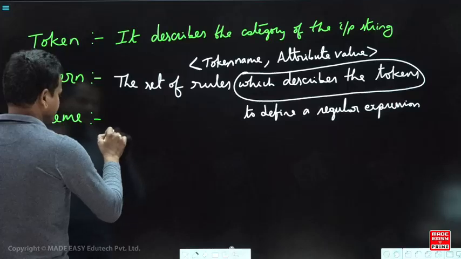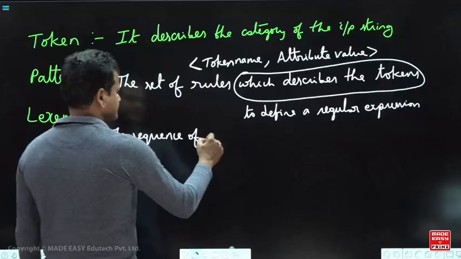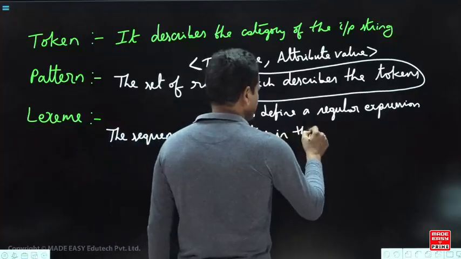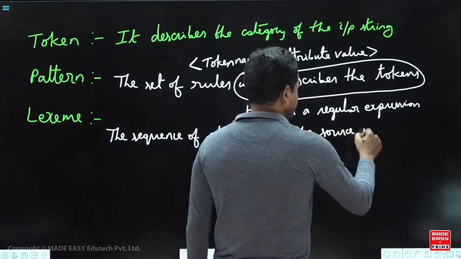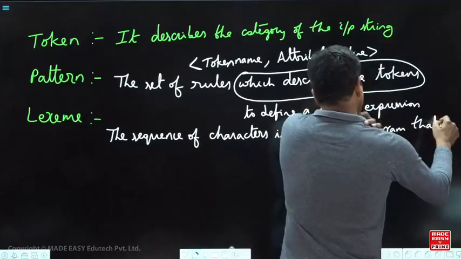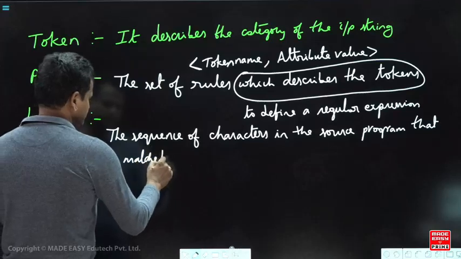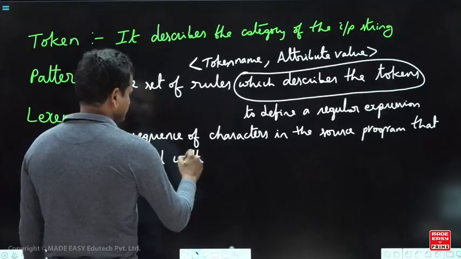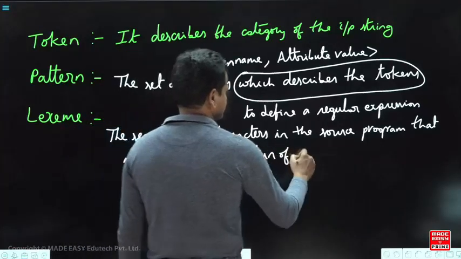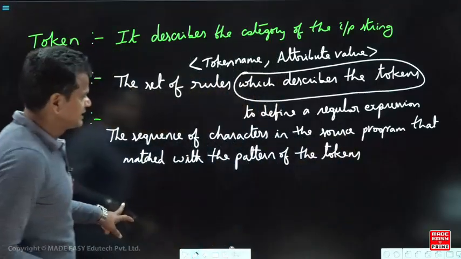Next, lexeme: the sequence of characters in the source program that matches the pattern of the token. Just copy this one; with an example you will understand.